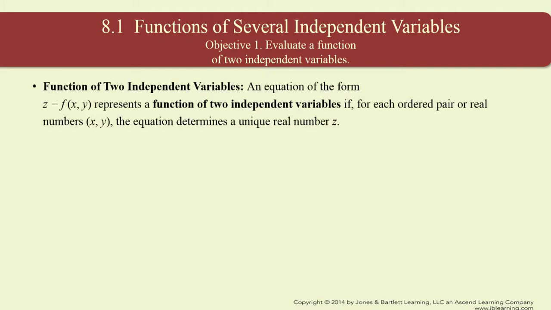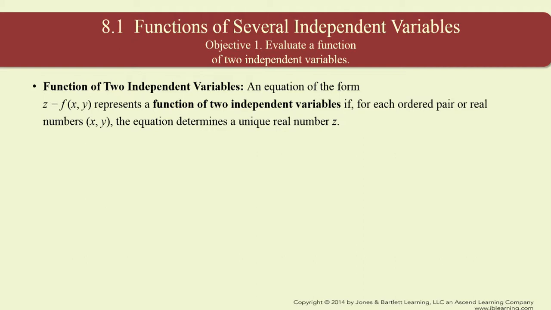First off, let's call this a definition of a function of two independent variables. If you have any equation that's in the form z equals f of x, y, and that's how I would read it, z equals f of x, y, that represents a function of two independent variables, if for each ordered pair of real numbers x, y, the equation gives us a unique real number z.